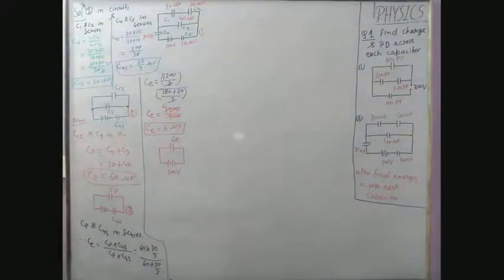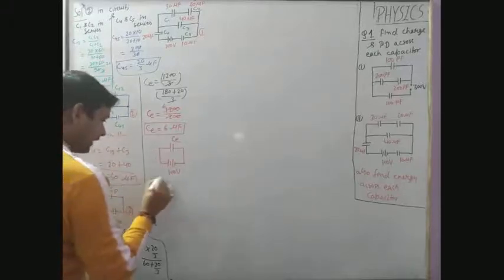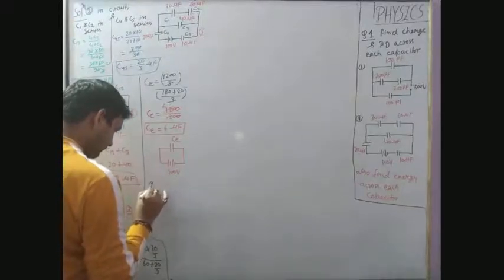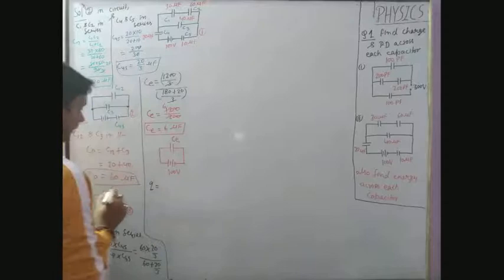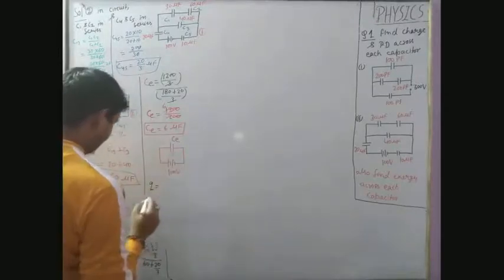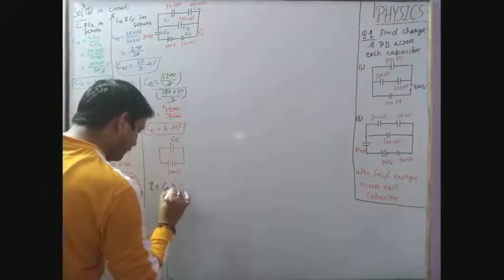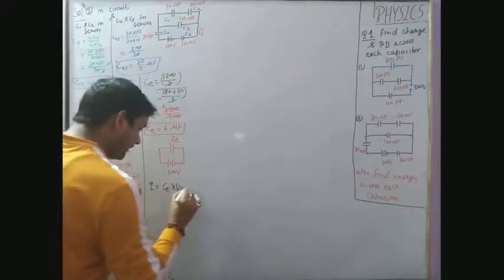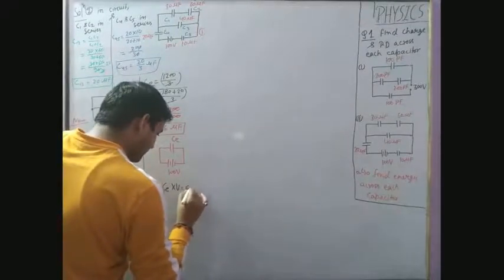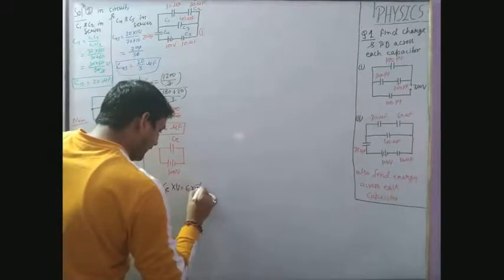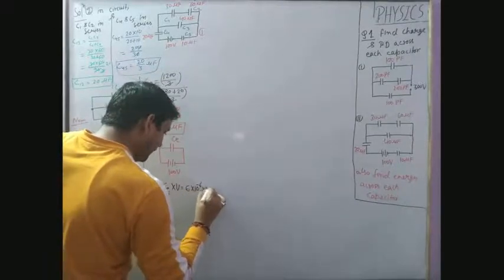Okay, now charge across this we calculate that C equivalent into voltage, which is 6 into 10 to the power minus 6 into voltage we have 100.